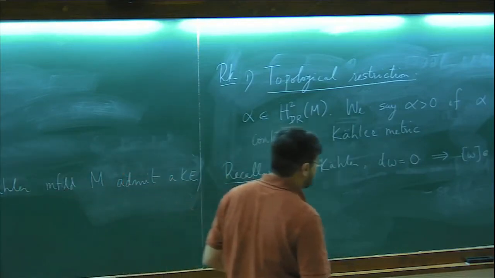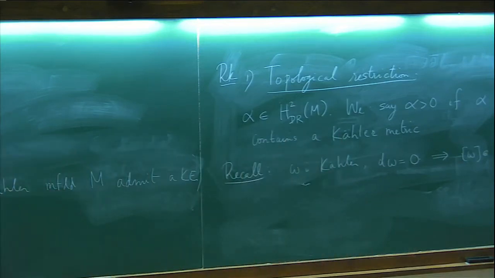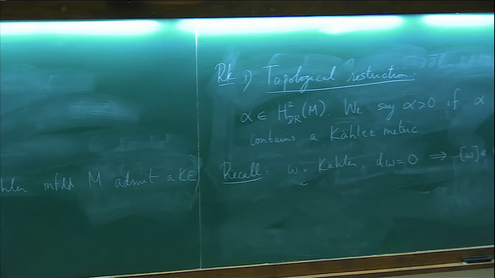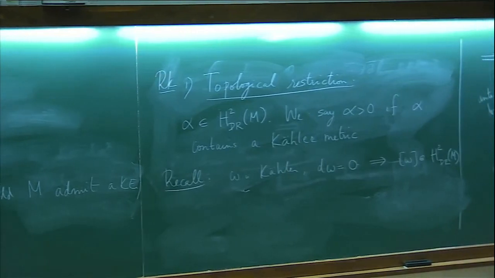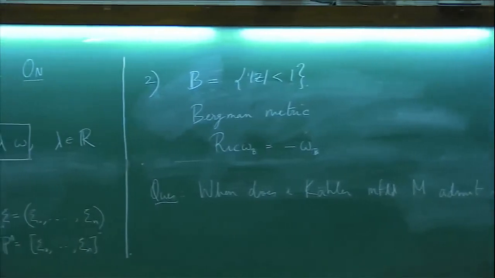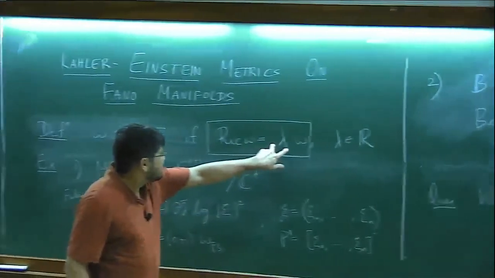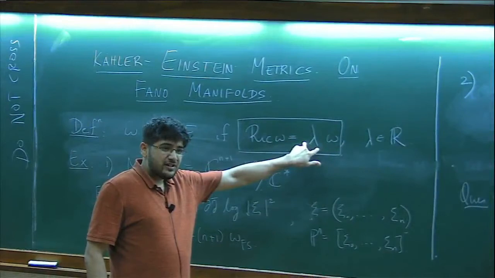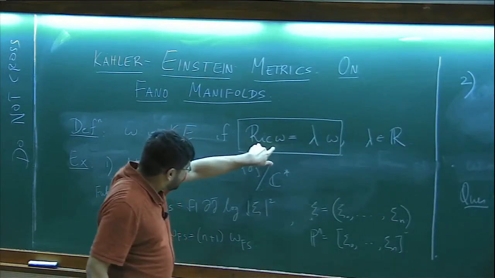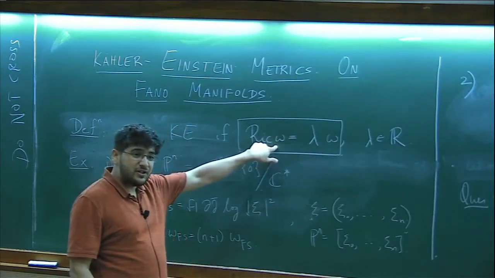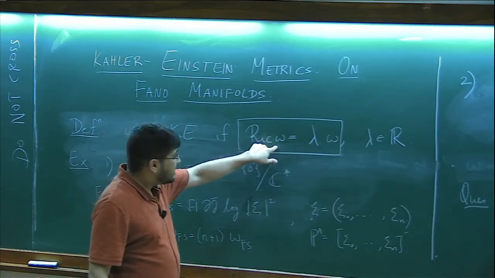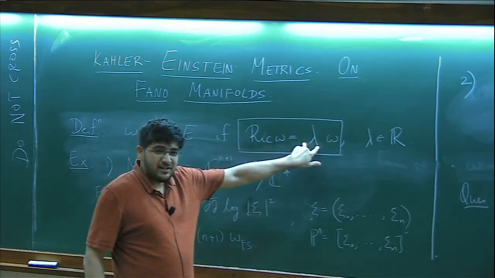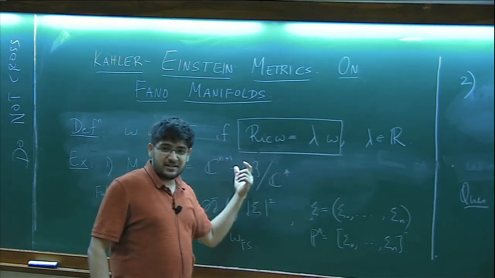Okay, so then if you look at the Einstein equation, the class that is represented by omega by definition is a positive class, right? I mean, that's how I've defined positivity of cohomology classes. So then, depending on what the sign of lambda is, on the left-hand side, you have something that represents the first Chern class of your manifold, right? So depending on the sign of lambda, the sign of the first Chern class is decided.